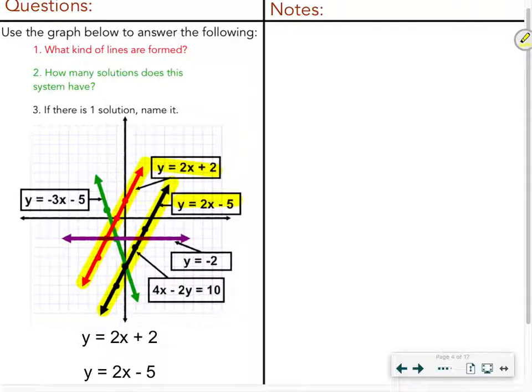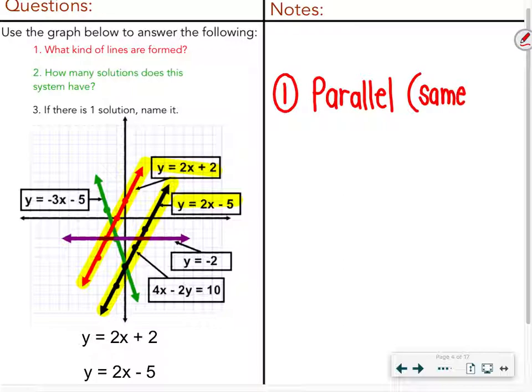Both of these lines are parallel to one another. We know these two lines are parallel because they have the same slope. They both have a slope of 2. Going back to chapter 4, they have to be parallel if they both have a slope of 2. Lines that are parallel will never touch one another, so there are no solutions.